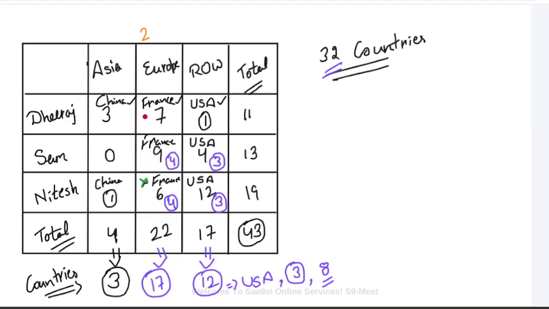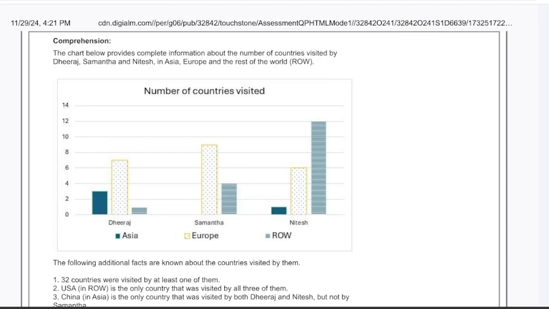Five remain because France is being shared. So we have four which are visited only by Samantha. And when we talk about Dheeraj, only one country, France, was shared with Samantha. So the rest six countries he was a lone visitor. So the total comes out to be 2 plus 4 plus 6, 12. So in total we have 12. That is the answer we have here.